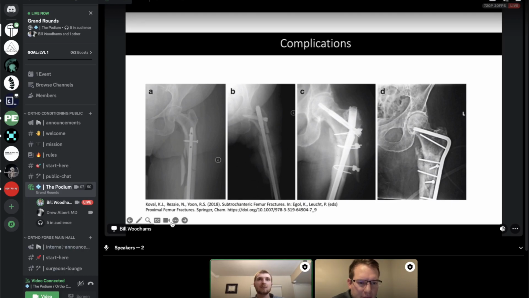And as Drew said, they're not widely used anymore. Yep. Some people, blade plates can actually be good rescue options in certain scenarios, but it's commonly not a first option for a subtroch fracture that I've seen anyways. The image in C, those are cerclage wires.